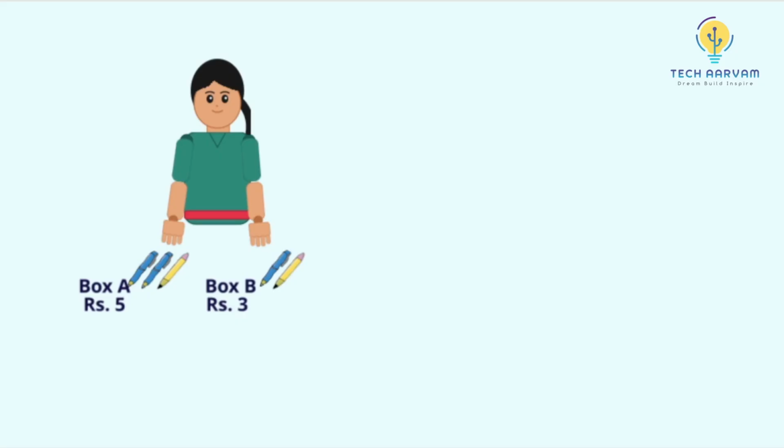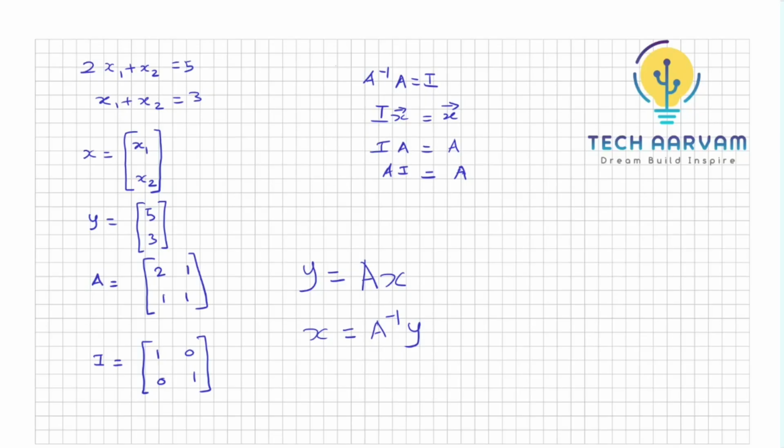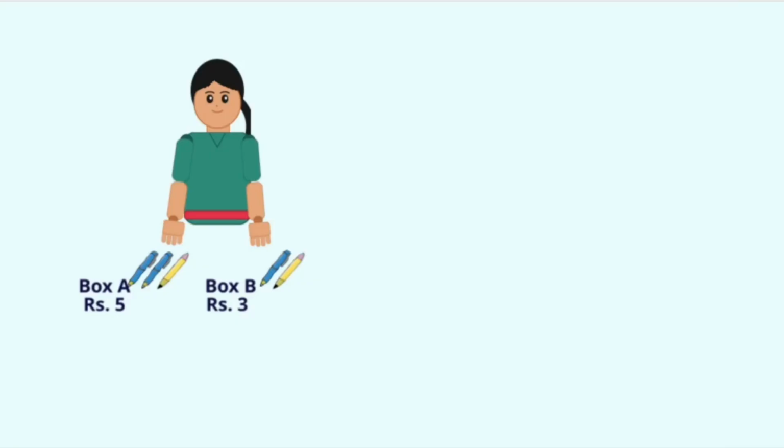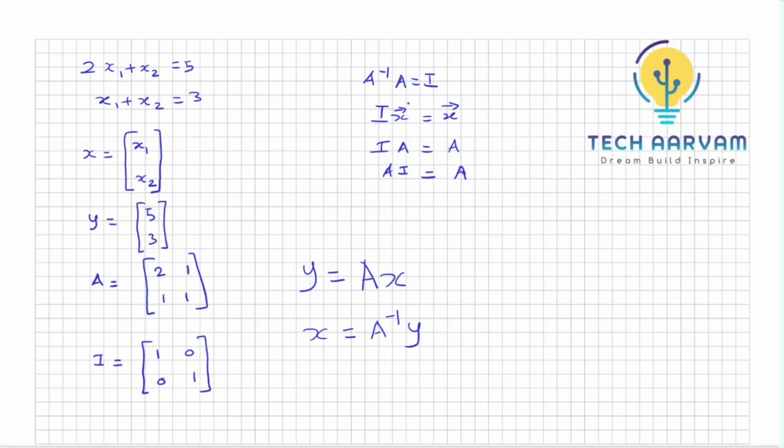On the left side, in box A, we see 2 pens and 1 pencil, so that is where this 2x1 plus x2 comes from. Similarly, box B has 1 pen and 1 pencil, and that is where the second equation comes from, x1 plus x2 equal to 3.